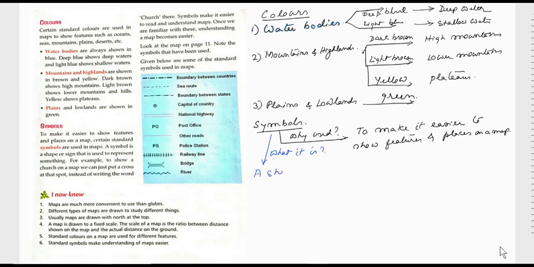And this shape or sign is used to represent something. Suppose, for example, as I told you, the church symbol with a cross sign, so no need of writing the word church. We can use the symbol. It becomes very easy for one to locate where the church is and what to do after finding it if he has some tasks to do over there.